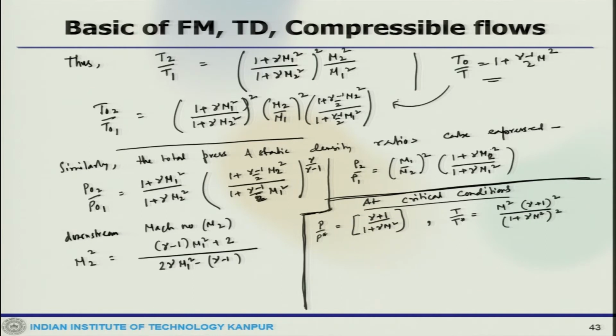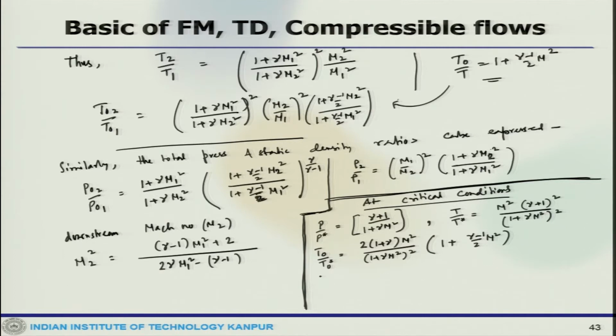Here, m1 is that thing. Then similarly, T naught by T naught star would be 2 into 1 plus gamma m square by 1 plus gamma m square, which is whole square, into 1 plus gamma minus 1 by 2 m square.